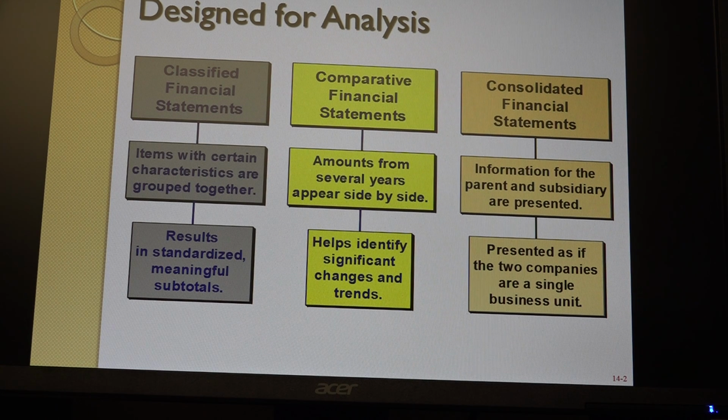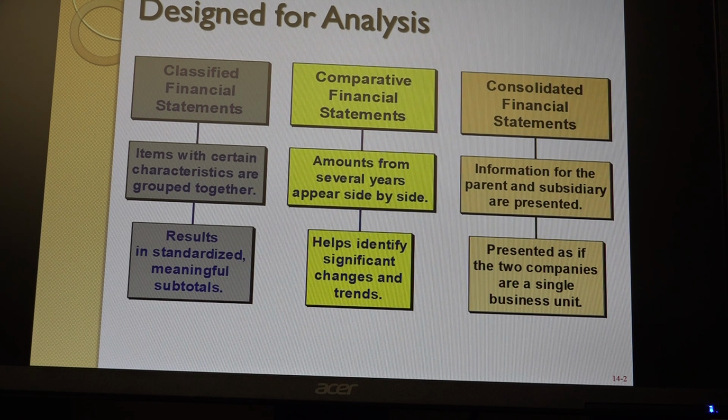You're going to have, in many cases, what are called comparative financial statements. You're going to have side-by-side years so that you can compare current year's financials with last year's and possibly even beyond last year's financials, so that you can compare the numbers side by side.